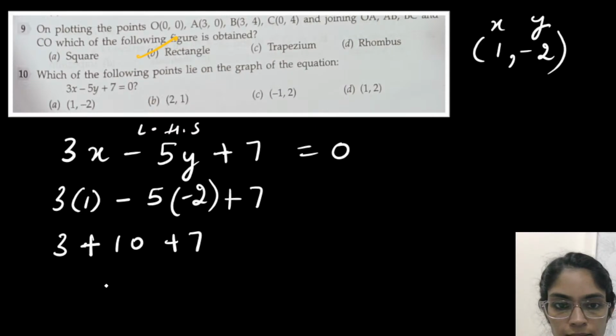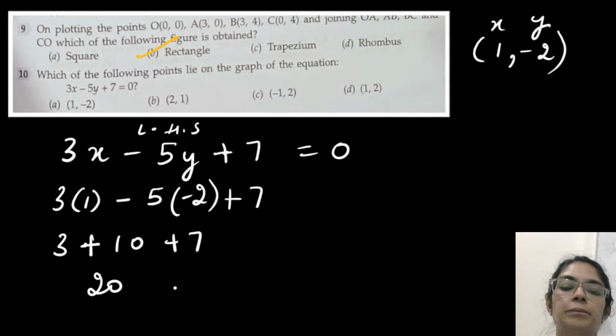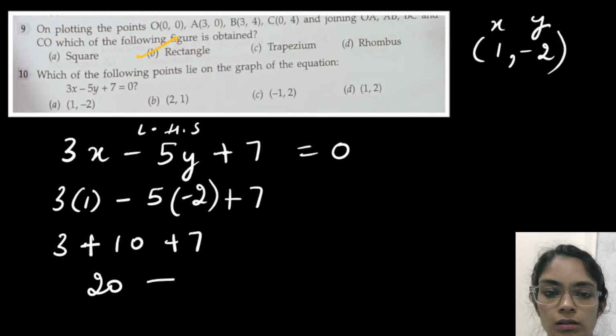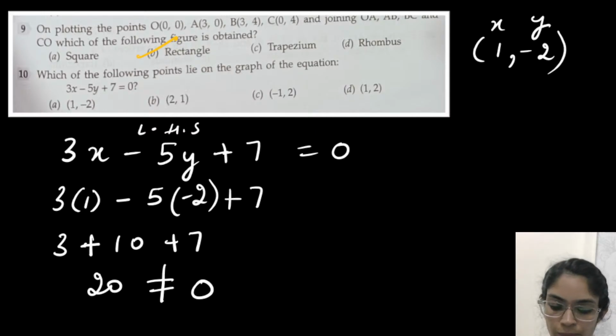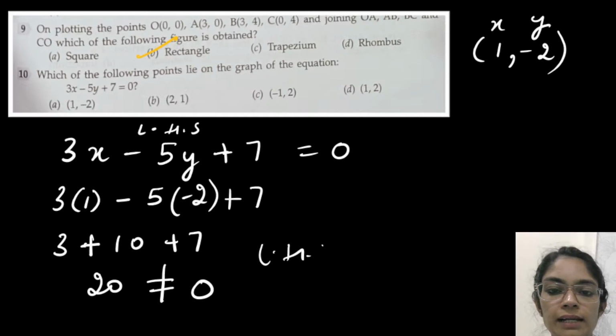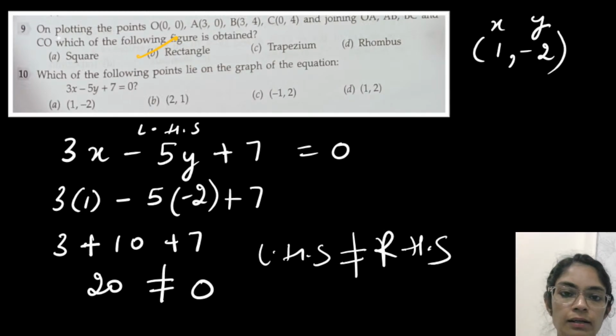So 3 plus 10, 10 plus 10, 20. So 20 is not equal to 0. Option A I just substituted in the given equation. So the left hand side I am not getting equal to the right hand side. So that means this is not the correct answer.